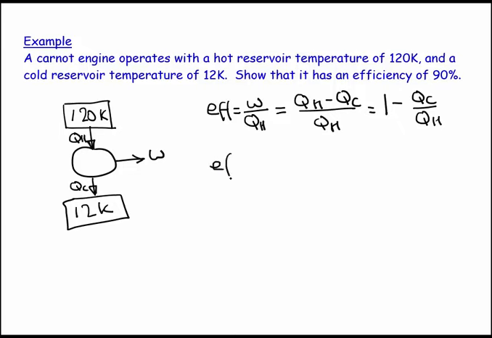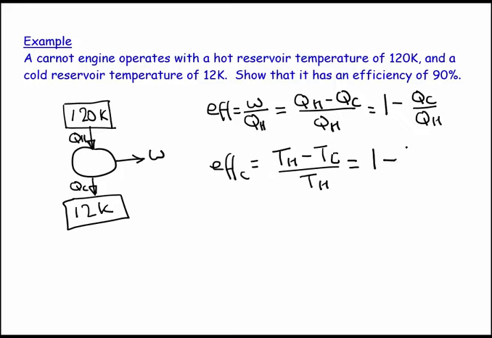For the Carnot, what we have is an analogy, and basically what we find is that the efficiency equals the temperature of the hot reservoir minus the temperature of the cold reservoir over the temperature of the hot reservoir. So rather than talk about energies, we can talk about absolute temperatures.